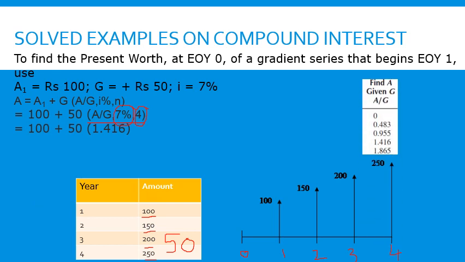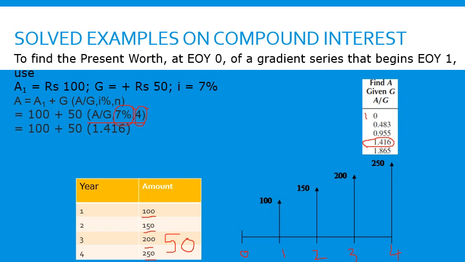This is the factor value. On the left hand side we have N, and on the top you will have many factors labeled. Under this you will get the corresponding value of 1.416.